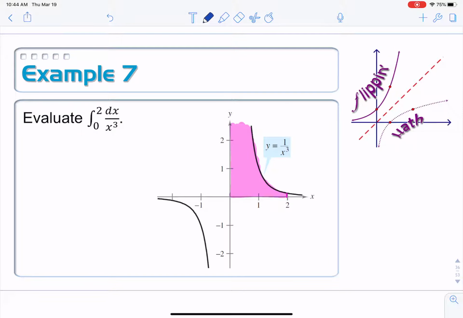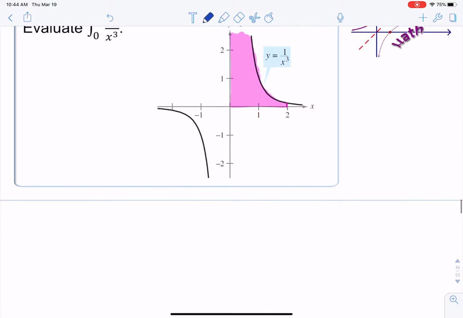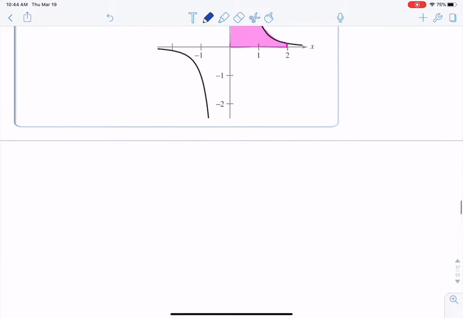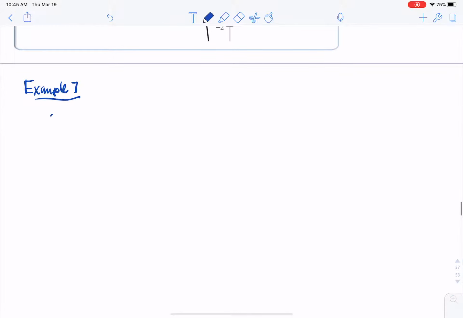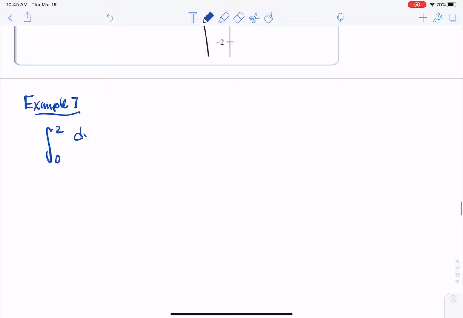I'm going to take the limit, and since the vertical asymptote here is at 0, we're going to approach that just like we did before from the right-hand side. So for this example, 7. I've got the definite integral from 0 to 2 dx over x cubed.